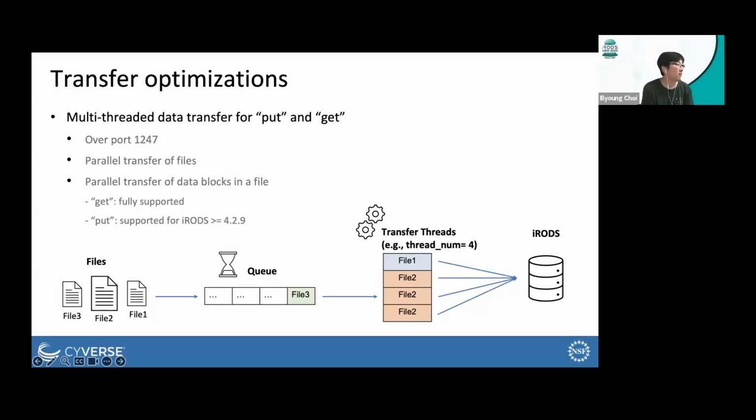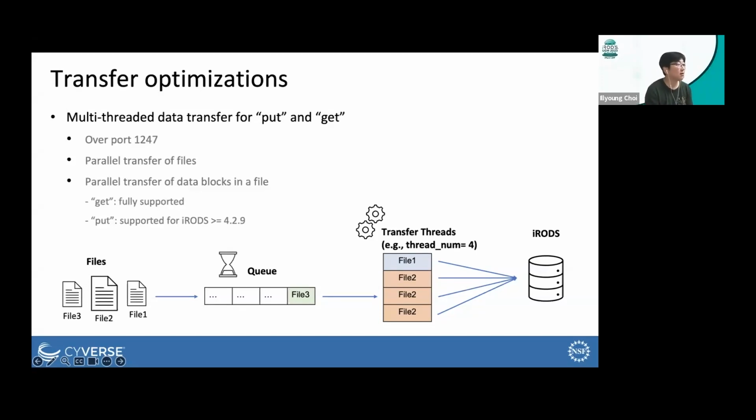By default, GoCommands creates a transfer at the file level. But for iRODS later than 4.2.9, it transfers in parallel at the block level because iRODS later than 4.2.9 supports a new parallel data transfer API for upload.